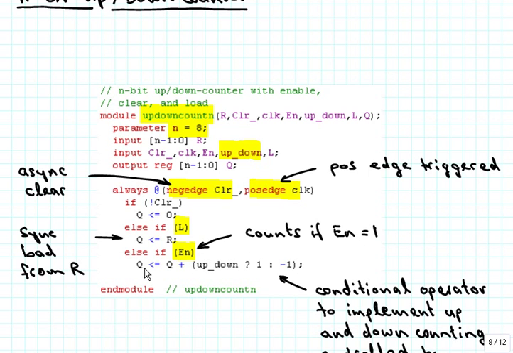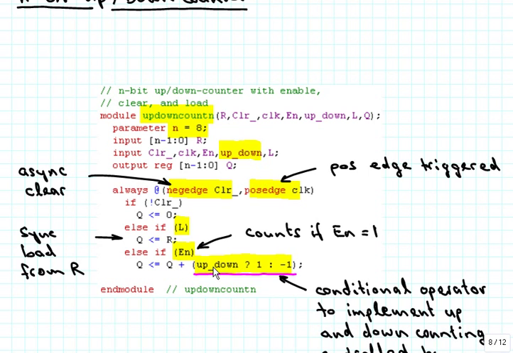Now the interesting thing here is the choosing between up and down. We use here the conditional operator again. And you can see that the condition that we are looking at is up-down. So that's the selector, whether we count up or down. If up-down is equal to 1, then we choose a 1 here for what's being added to Q. And so we increment the count.